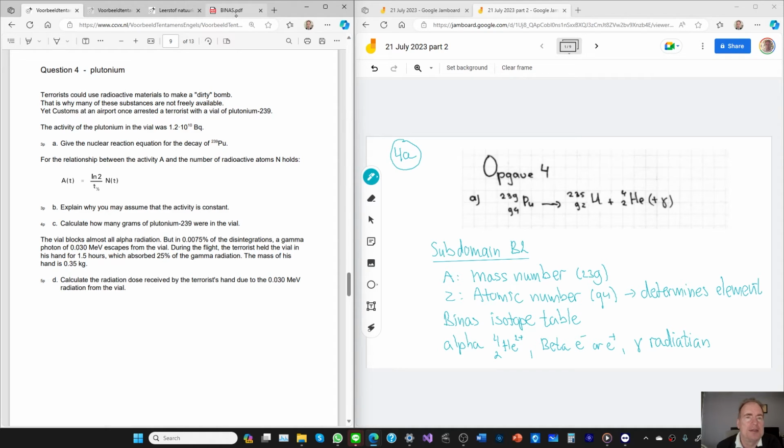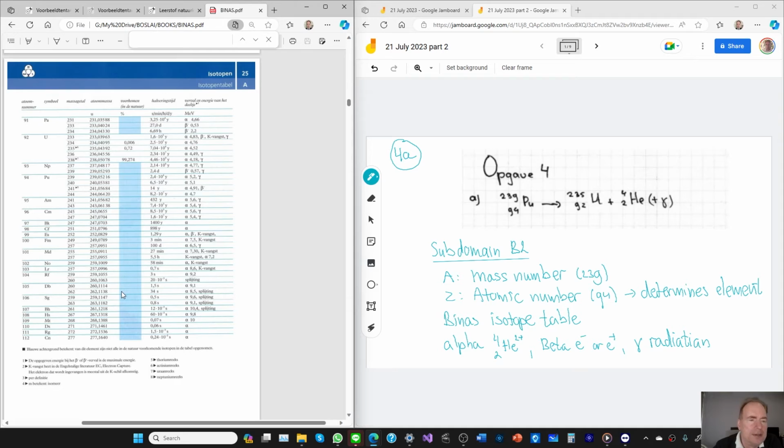Then go to BINAS and look for 92. Well, we're here, 93. 92 is uranium. So we have uranium 235, and of course an alpha particle, and then energy in the form of gamma radiation. That's also specifically given here. So you get alphas and gammas.